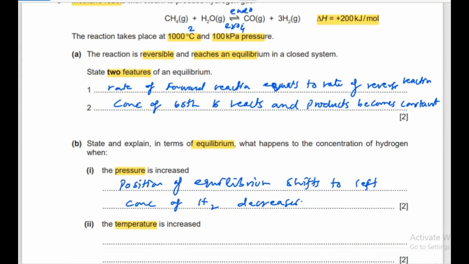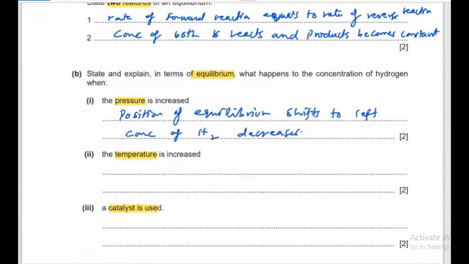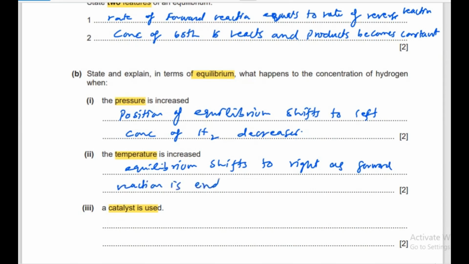So if we increase the temperature, the equilibrium shifts to the right as the forward reaction is endothermic, and the concentration of hydrogen increases.